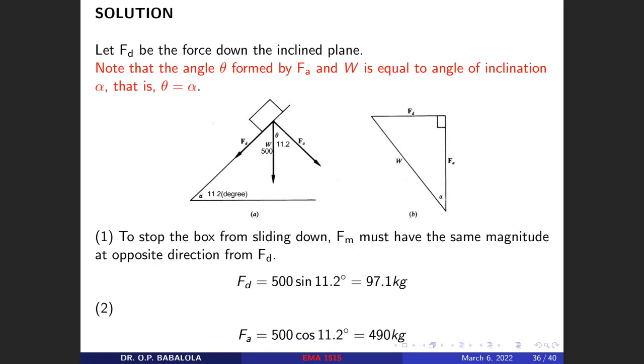So if you look at it, that's the force exerted by the box, FA, this one, against the plane. FD is the force to pull it down. W is the weight of the box. And this box is at an angle of 11.2 rather.